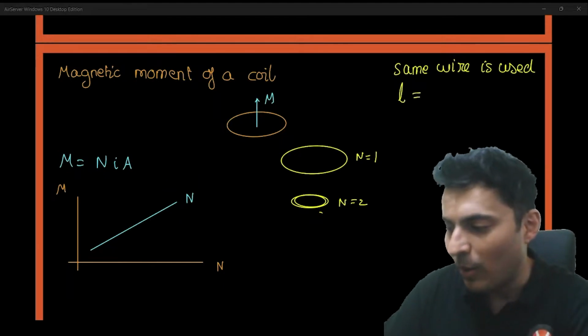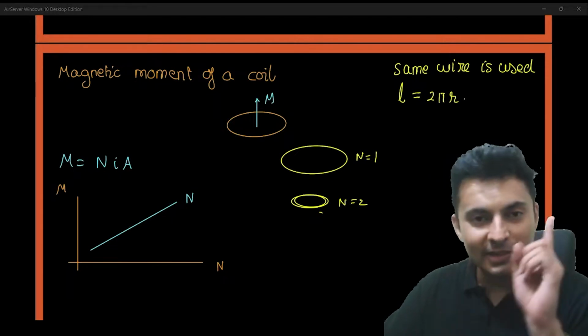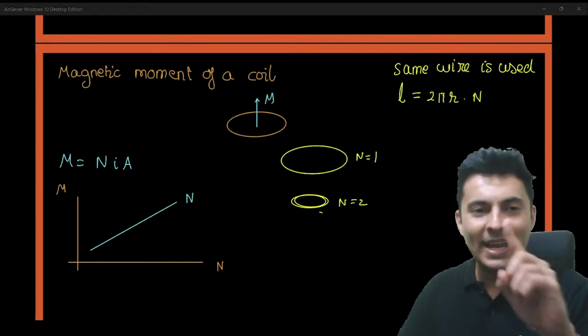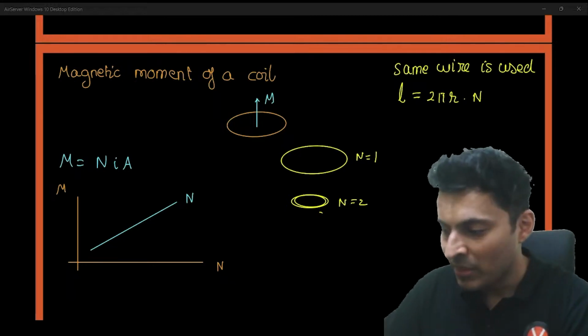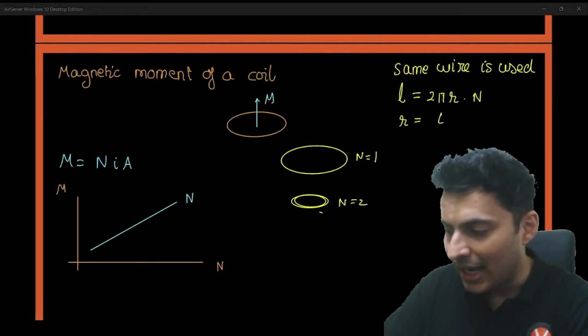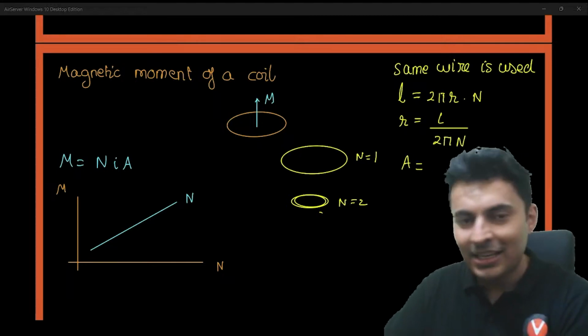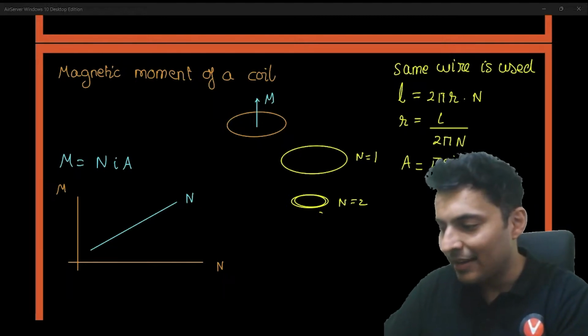So the length of the wire will be 2 pi r into the number of turns. That means R will be L divided by 2 pi n. What will area be? Area is pi r square.